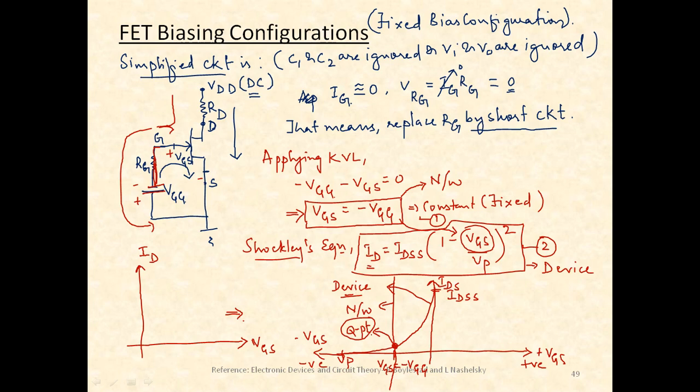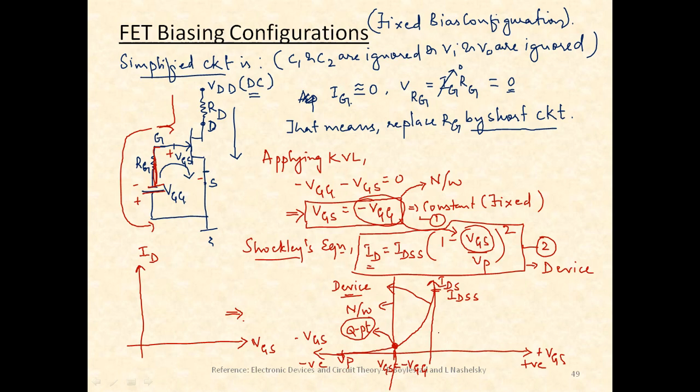Please understand, in this configuration the position of the Q point depends only and only on the value of VGG. It doesn't depend on any other parameter, and VGG is a fixed value. Because of this, this configuration is called the fixed bias configuration.